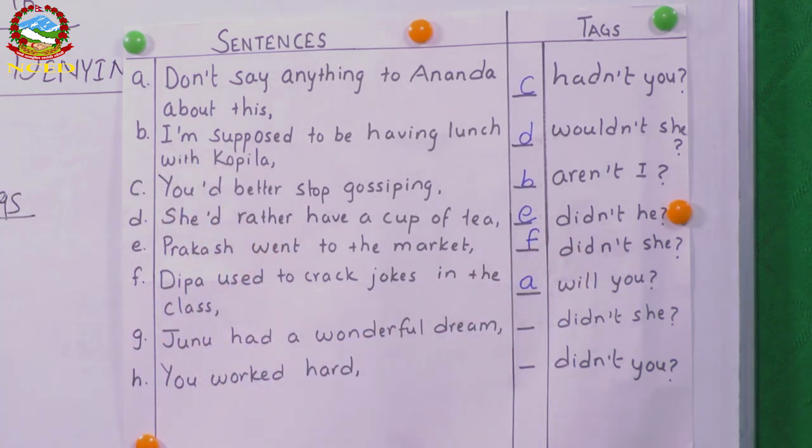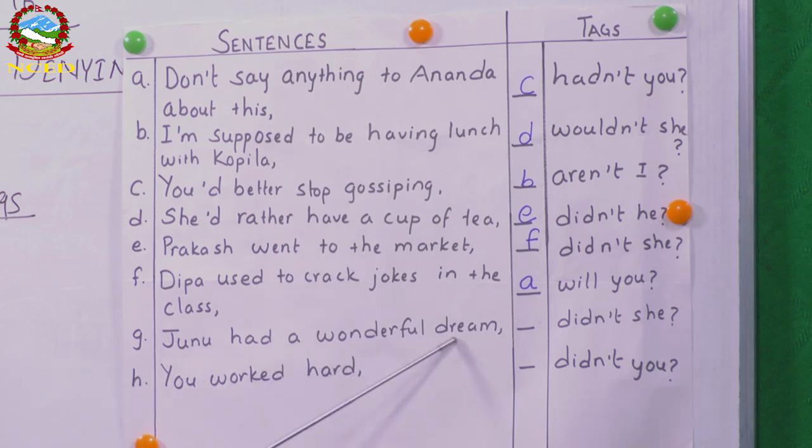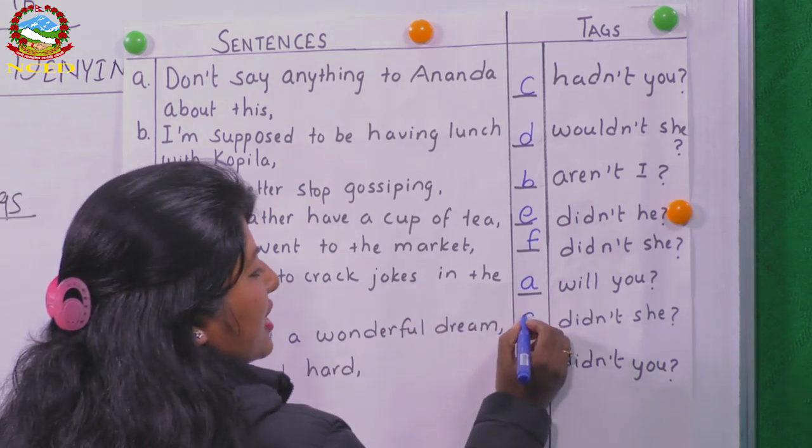Okay. So number G. Junu had a wonderful dream. Junu female, that's why she had a wonderful dream. Okay, so had as a main verb, that's why we need did form. Did negative form, didn't she is the answer.